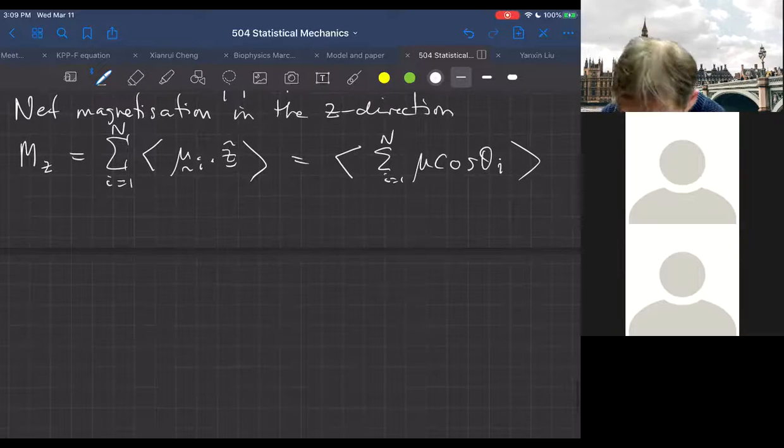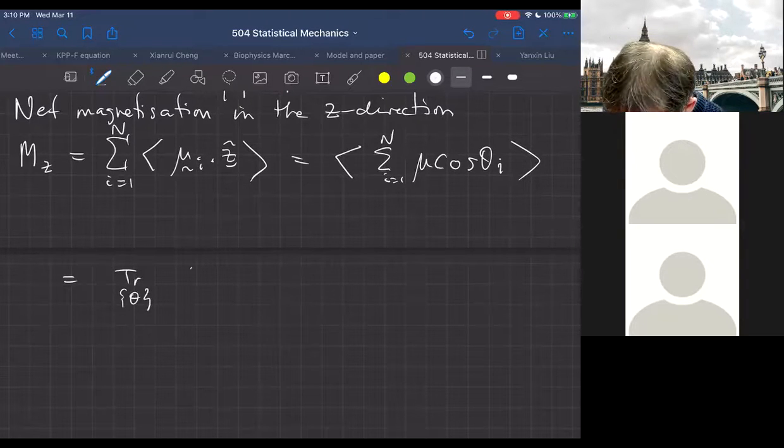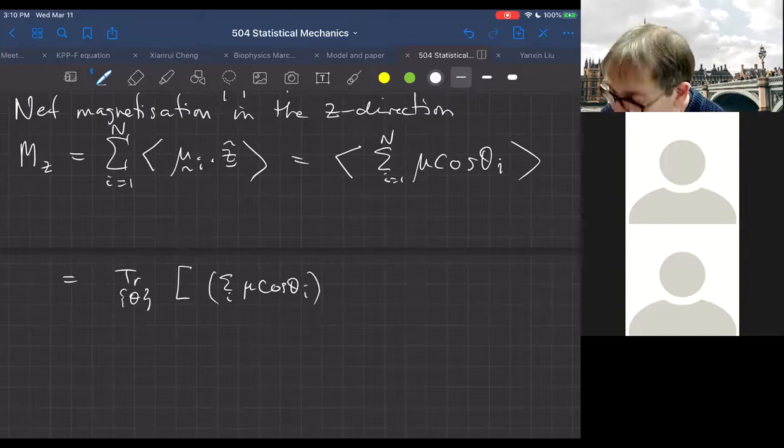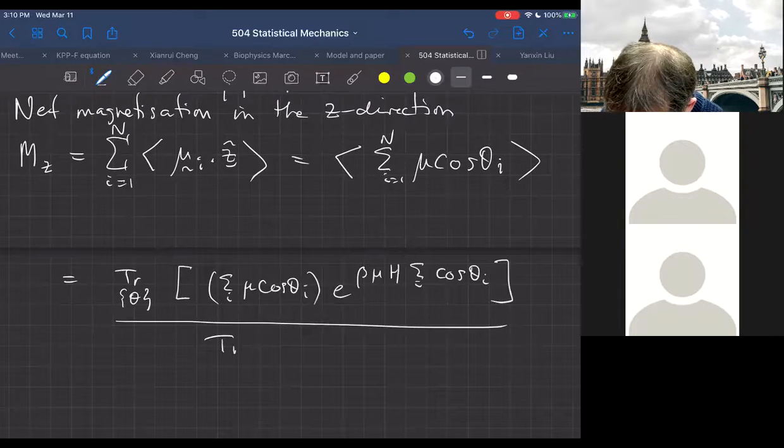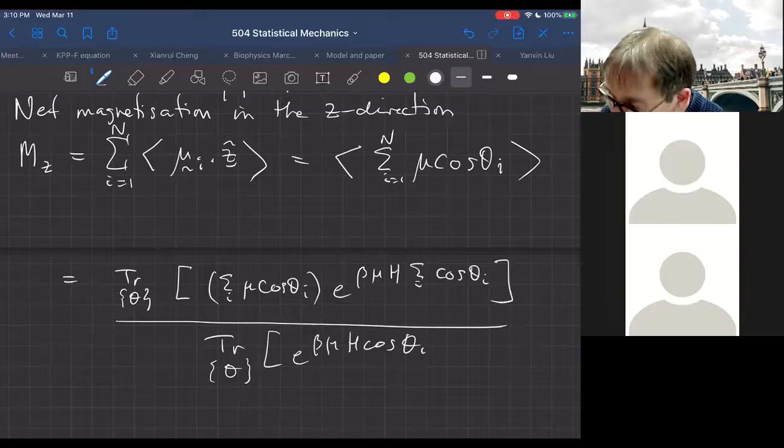And then I can write that as a trace. So this is the trace over my degrees of freedom theta of the sum over I mu cosine theta I. So that's my thing there. And then my Boltzmann factor, so e to the beta mu h sum over I cosine theta I, and then normalized by the partition function, which is just trace of e to the beta mu h cosine theta I.